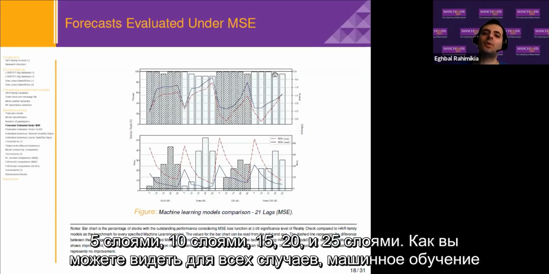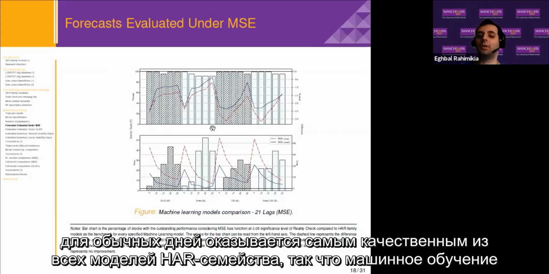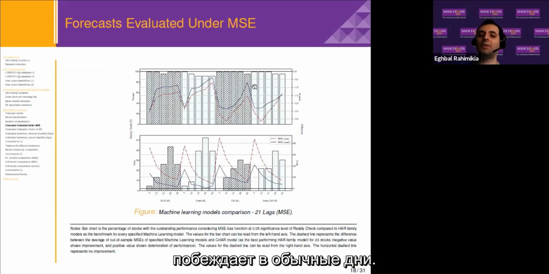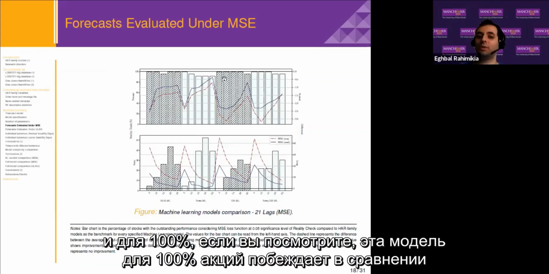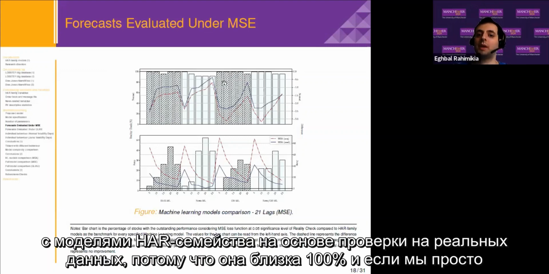As you can see, in all cases, machine learning for normal days is beating all those Haar family models. So machine learning is the winner for normal days. And for 100% of stocks it's winning compared to the Haar family models based on the reality check, because it's near 100%.